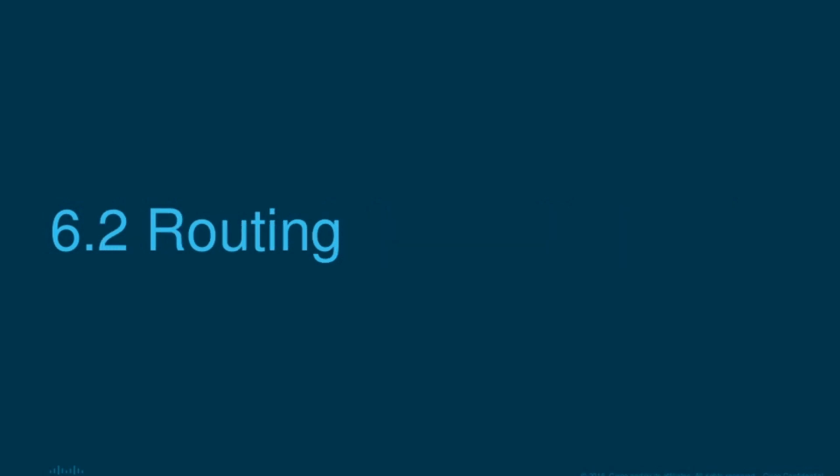So let's go to 6.2, routing. First is using the default gateway. The host routing table usually includes the default gateway address, which is the router IP address for the network that the host is on.